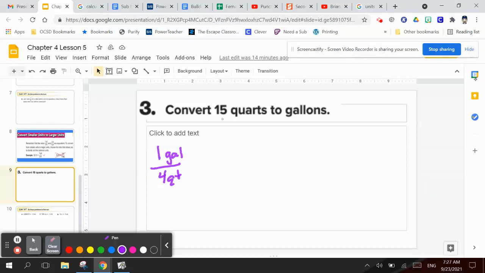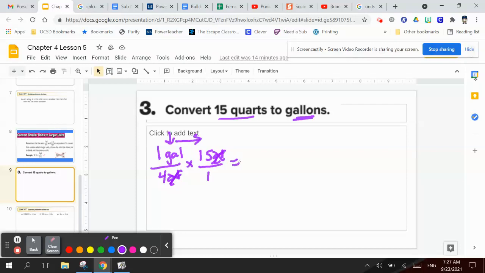I have 15 quarts. So that's my 15 quarts over 1. Notice what I'm looking for is always at the top. It's always the numerator. I cross out my quarts, simplify before I multiply, and then multiply.